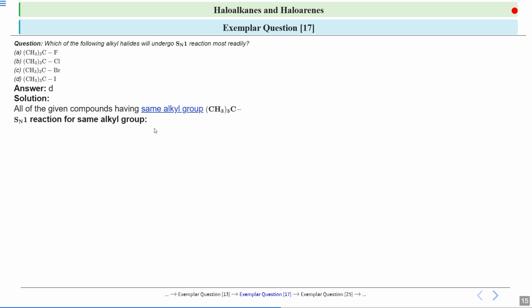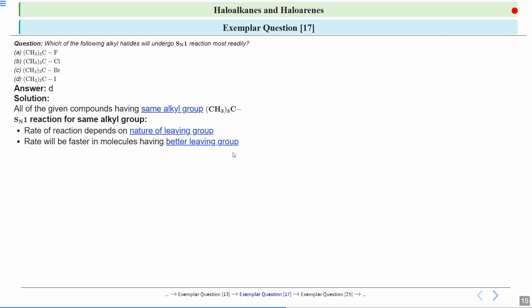Now if we have molecules having the same alkyl group but the leaving groups, the halide ions, are different, then the SN1 reaction rate will depend upon the nature of the leaving group. So if you have the same alkyl group, you will focus on the nature of the leaving group.